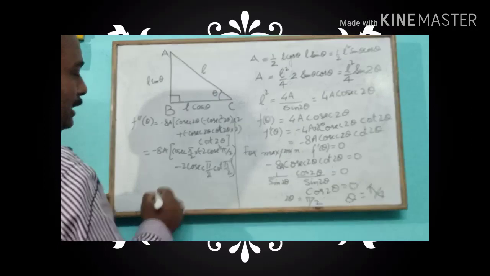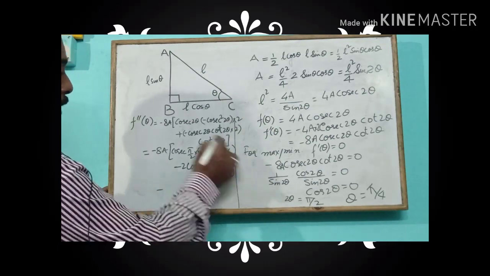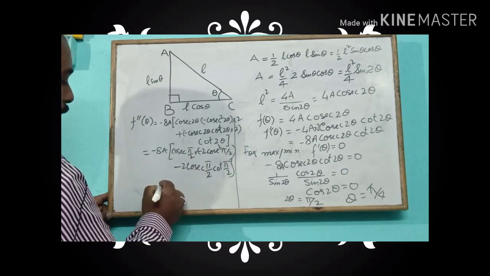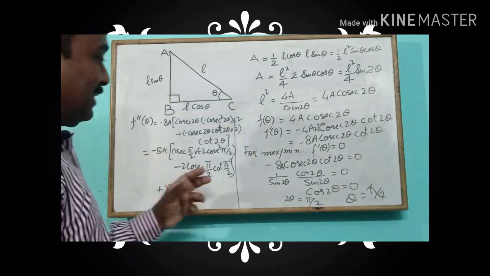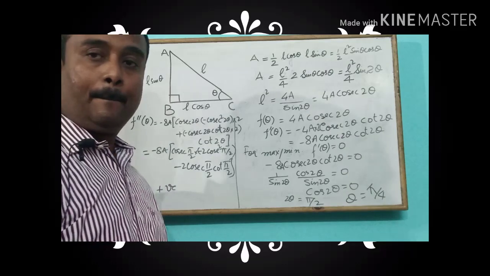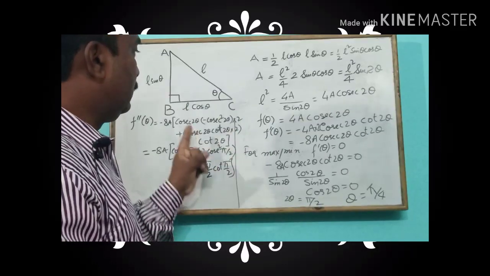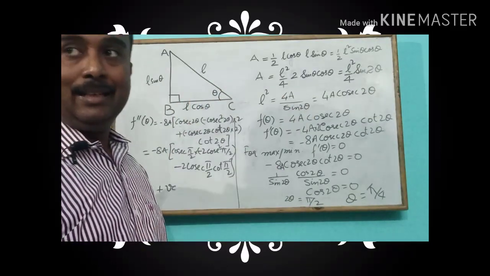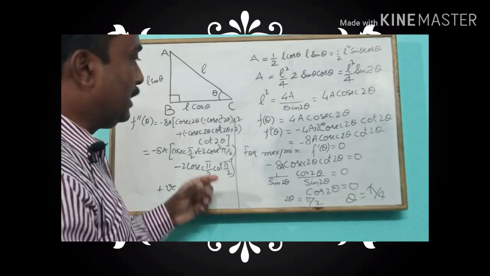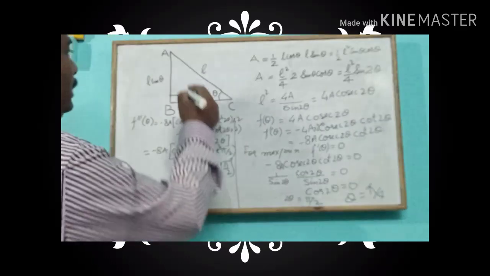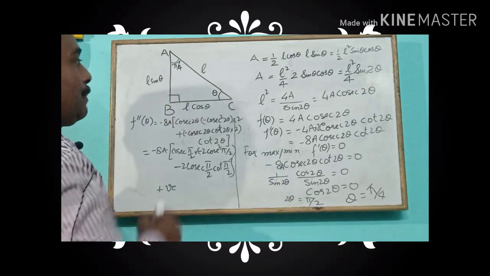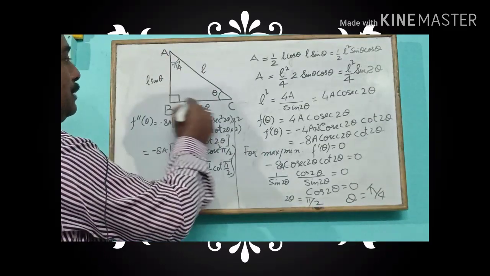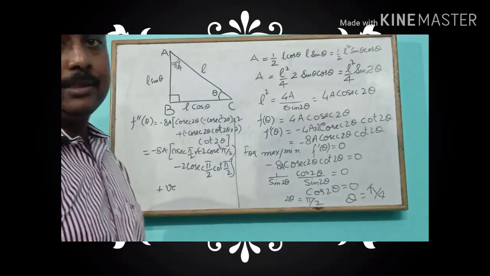We will see that this will give a positive quantity. If I calculate, this will give a positive quantity, or this is more than 0. Hence, for pi by 4, the expression is least. If the expression is least, and theta is pi by 4, that means this angle is also pi by 4. And if these two angles are pi by 4, then this becomes an isosceles triangle.